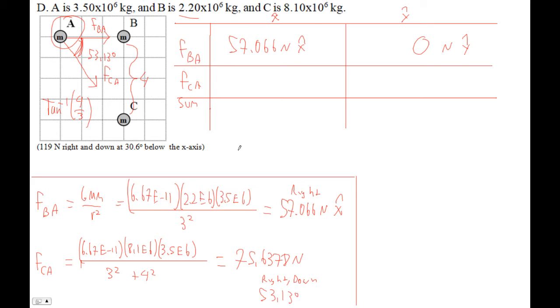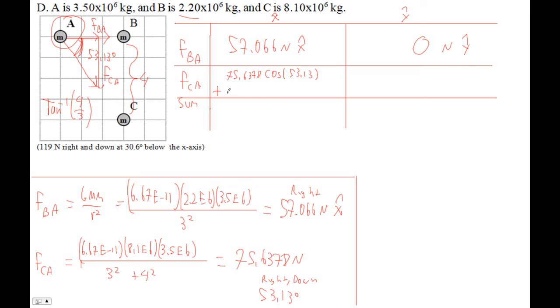Okay, so FCA is somewhat more difficult, right? We have less space for it. Okay, so that's the way it always works. So we got 75.6378. And then I'm drawing the components of it, right? To the right, then down, right? Okay, so I'm going to go cos of that angle, 53.13. And this will be to the right, so it's positive.